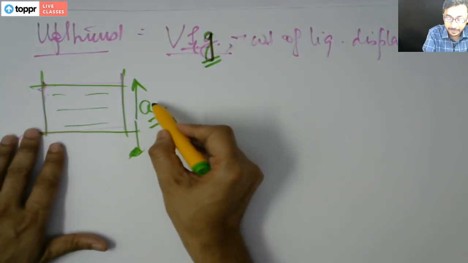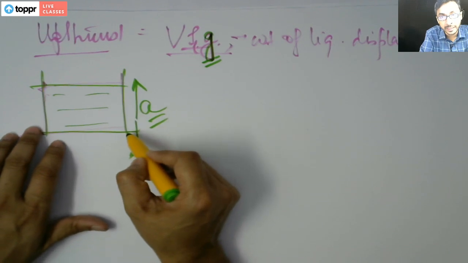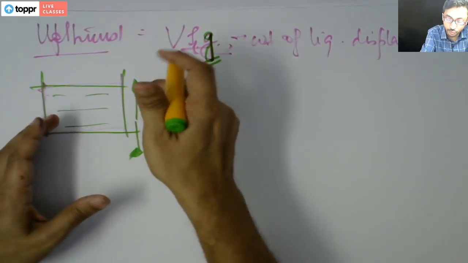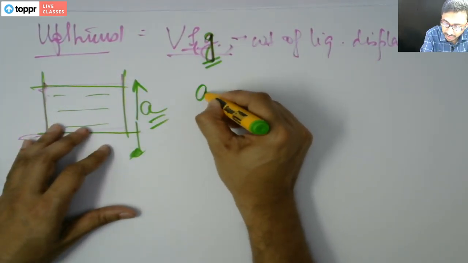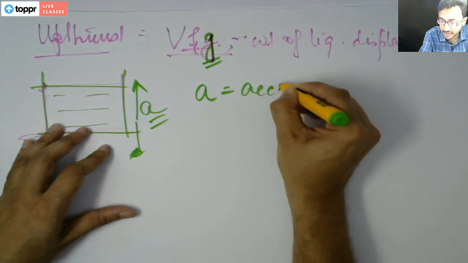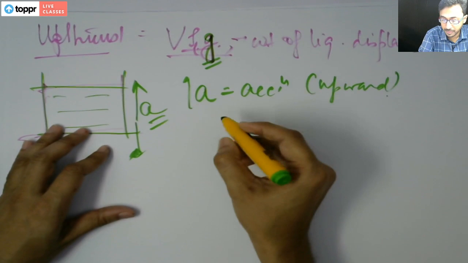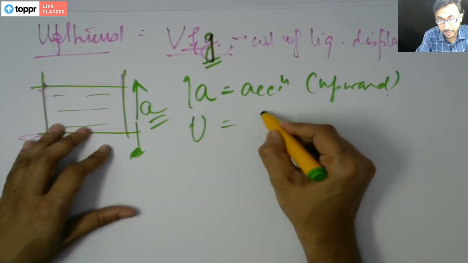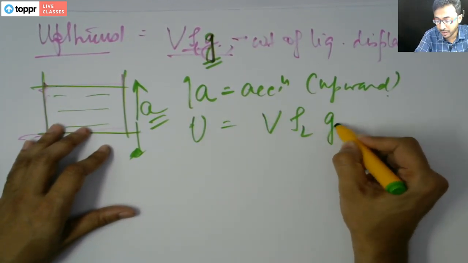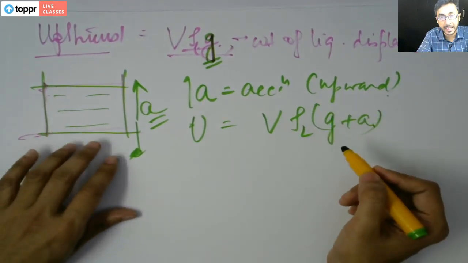And we will see that when this whole system is moving up with acceleration a in the upward direction, the upthrust will be V rho L (g plus a).